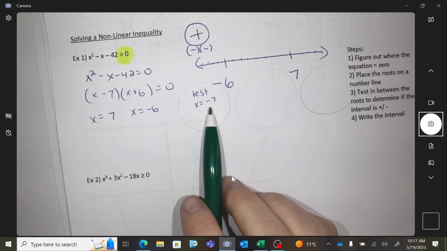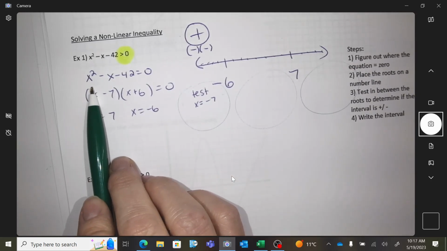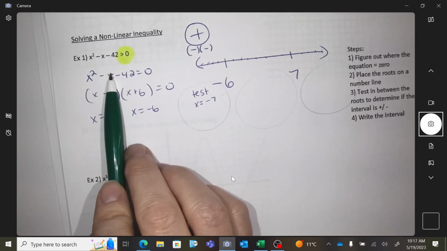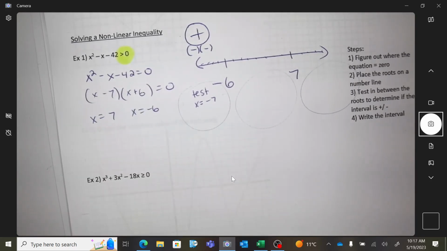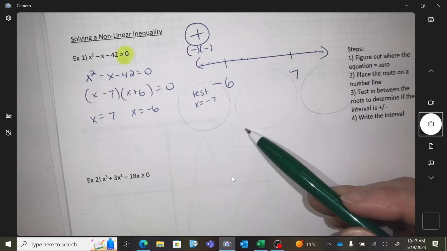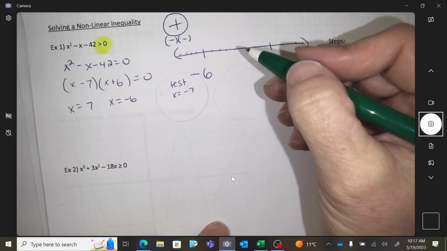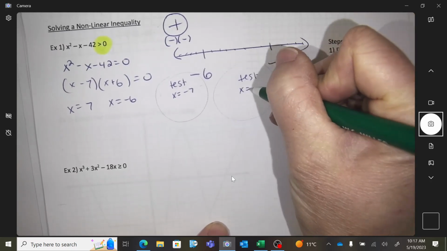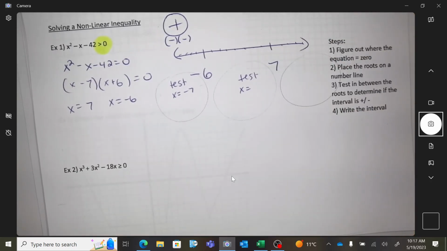If I really wanted to, I could plug it in. -7 squared, subtract -7, subtract 42 equals some positive number. I could do that if I want, but that'll take a lot longer. Okay, now let's test a number in this zone. Can you pick a number that would be on the number line? 0. If I can pick 0, I'm picking it.